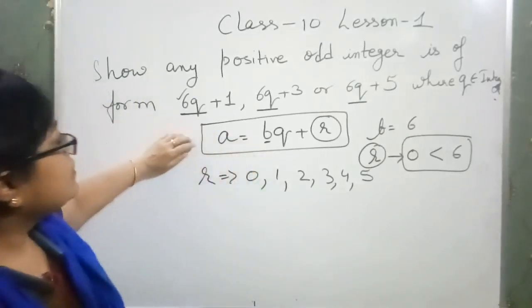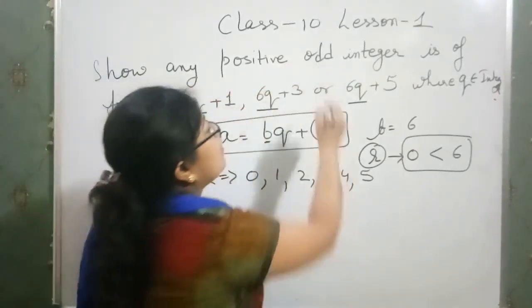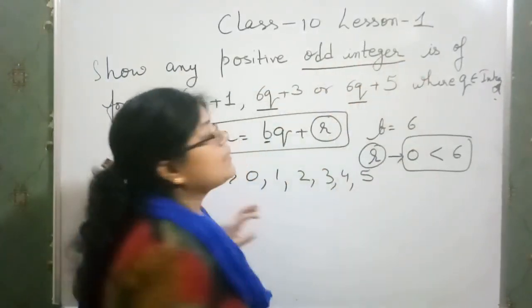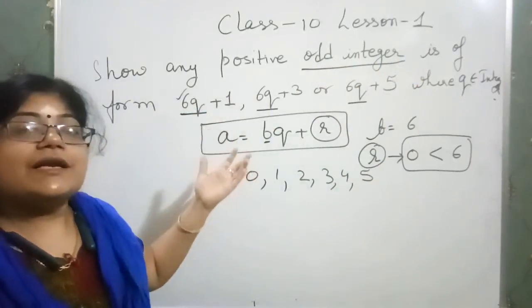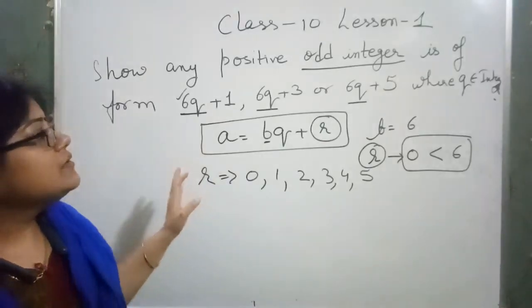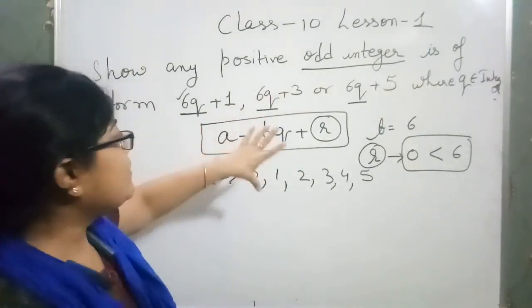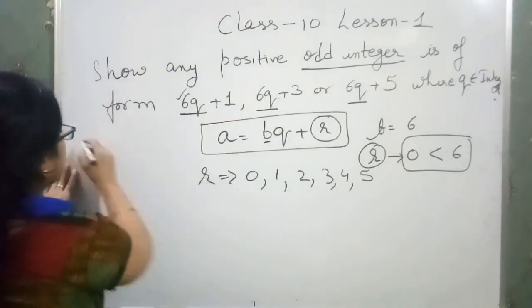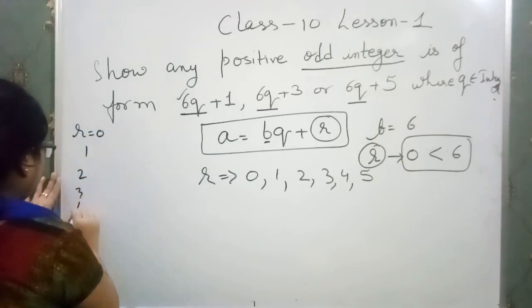So now we have to check, show any positive odd integer. That means an odd integer is in this form, so that if we find any even integer, we just leave it. So now put one by one. We have the values r equal to 0, 1, 2, 3, 4 and 5.